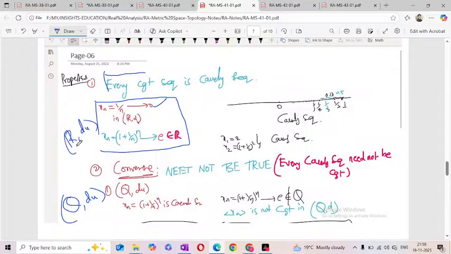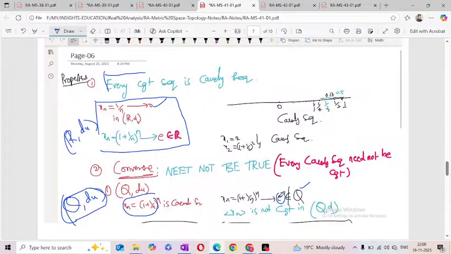Under the real numbers it will work. But if I take the usual metric on the rational numbers, then (1 plus 1 by n) whole power n is a Cauchy sequence, but it tends to e. This e does not belong to Q, because e is an irrational number. So this is not a convergent sequence in the rational numbers with the usual metric.